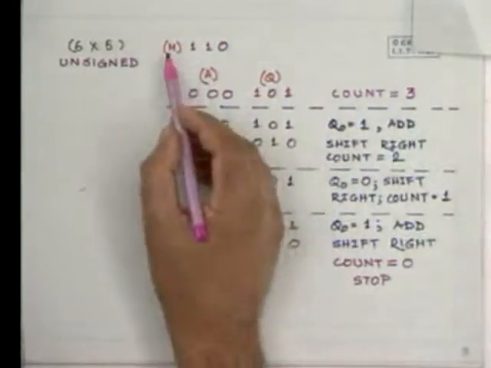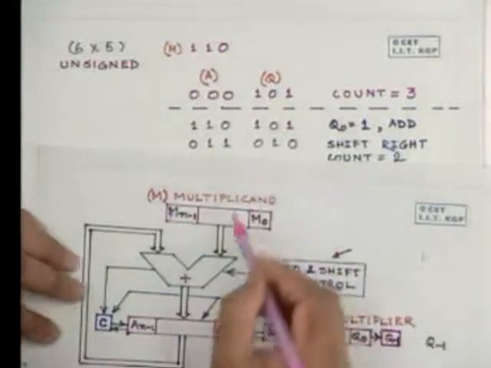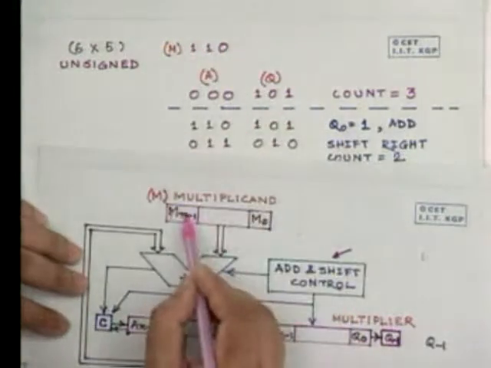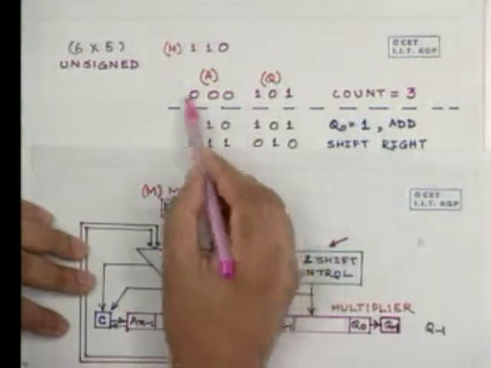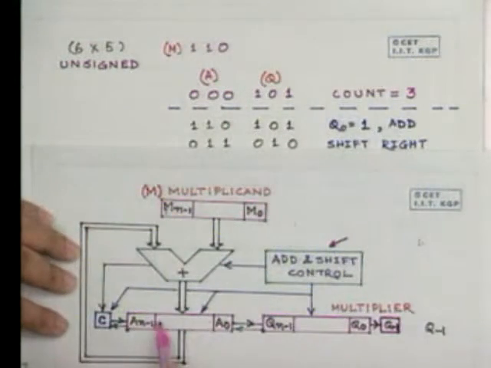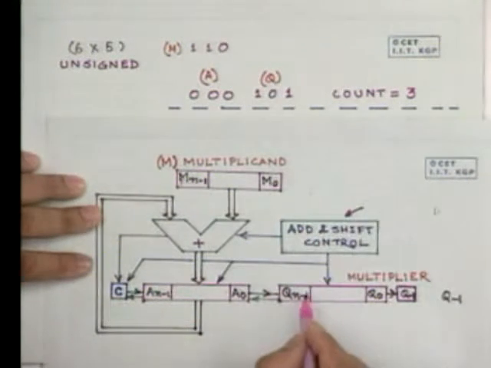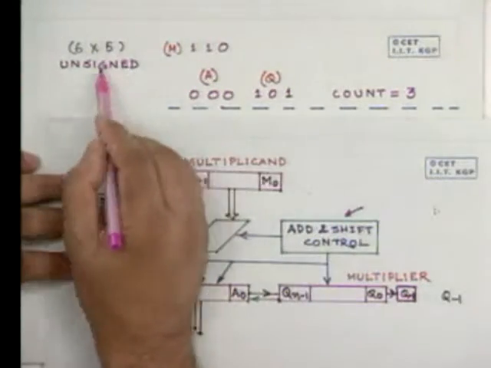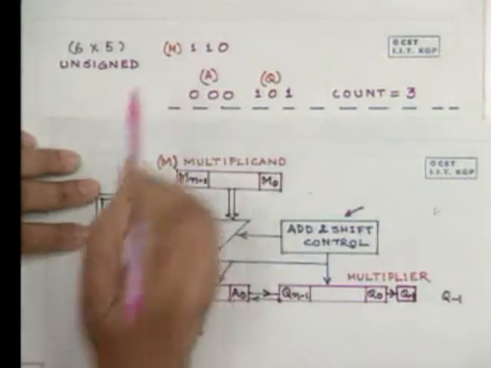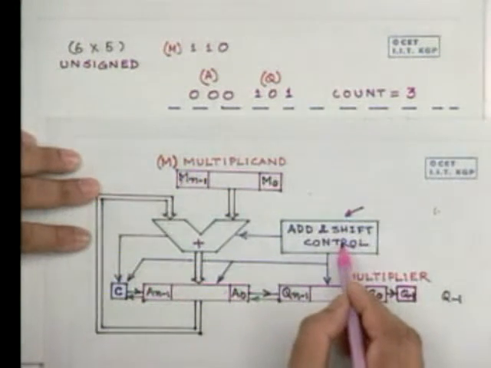We have kept M, the multiplicand 6, here: 1 1 0. The A register initially has been cleared. Q register, 101, has been kept. And since we are talking about 3-bit unsigned numbers, the count has been loaded with 3.